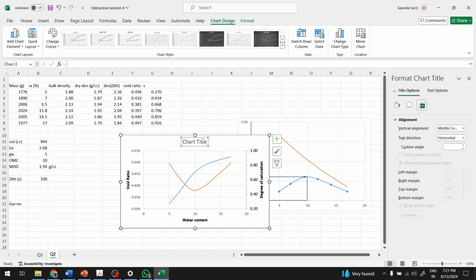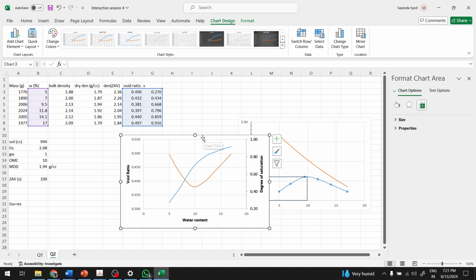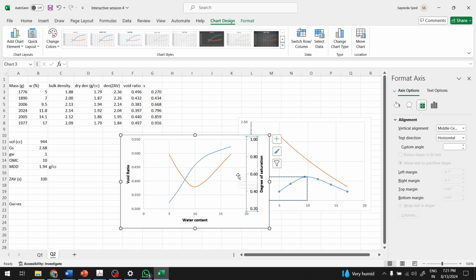We don't need a chart title. So this will be our variation of void ratio with degree of saturation. But for better comparison, let us do one thing.